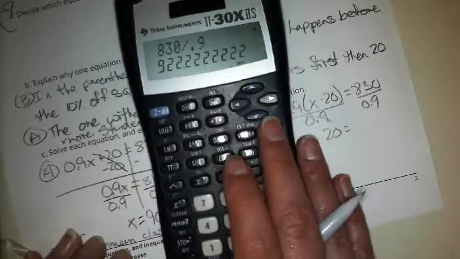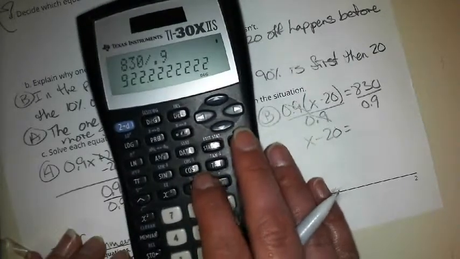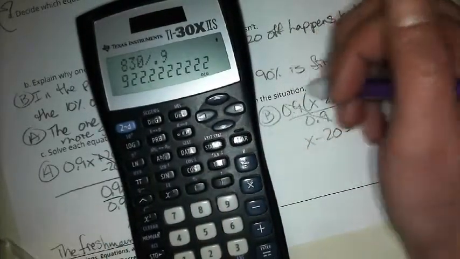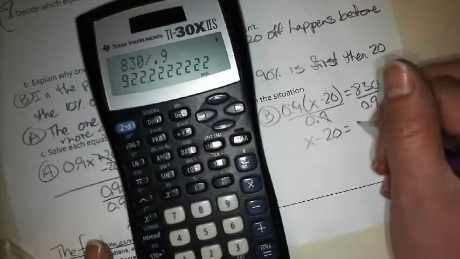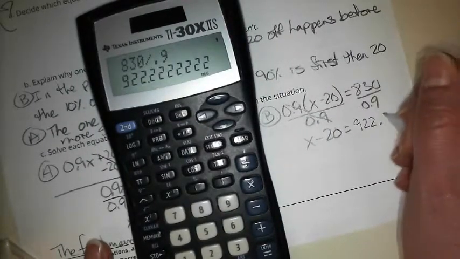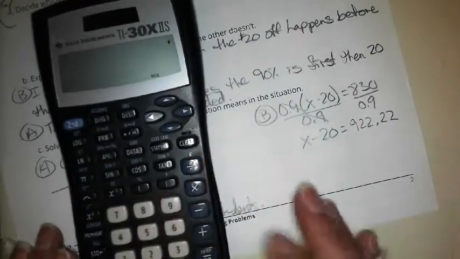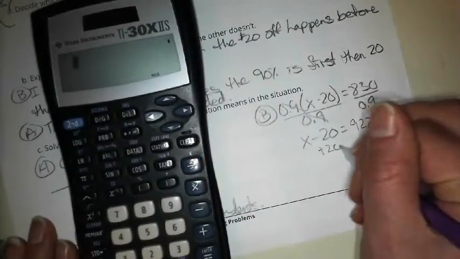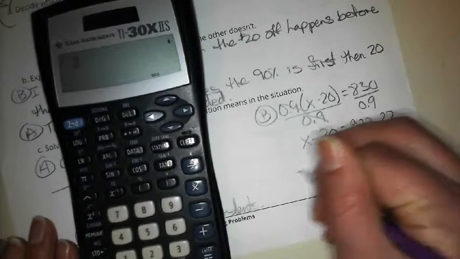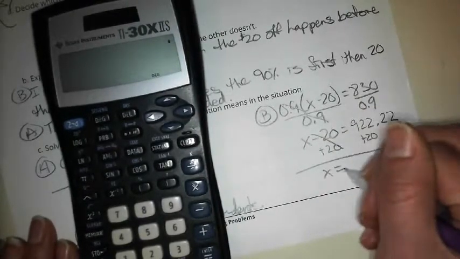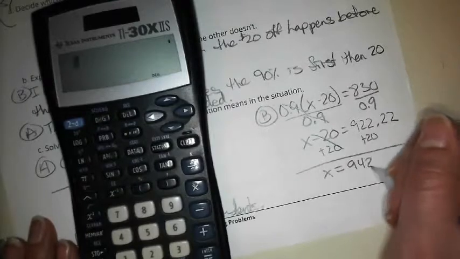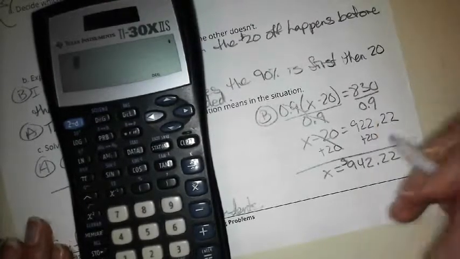Well, that's not good. Maybe I can't do that first. That seems a little messy. Oh, we're going to do it anyway because we're talking about money, so it should be all right. Okay. Then I'm going to add 20 to both sides. So x equals $942.22.